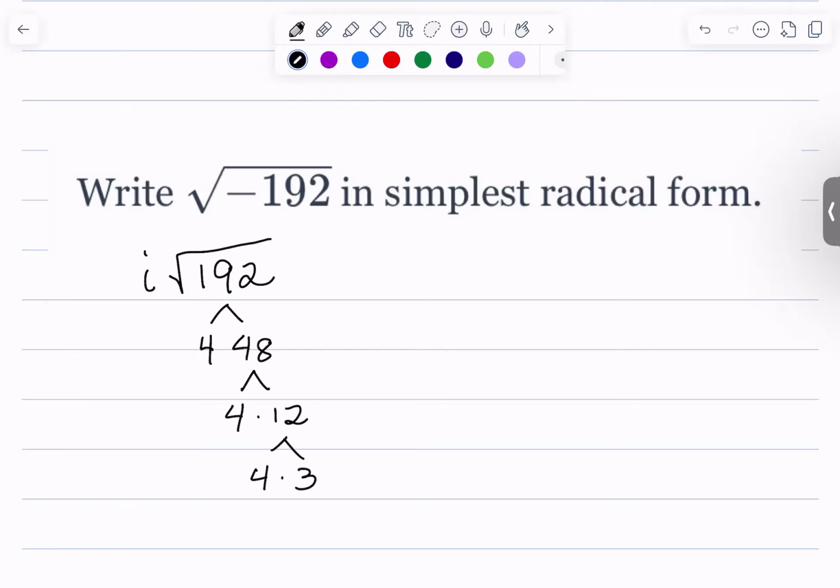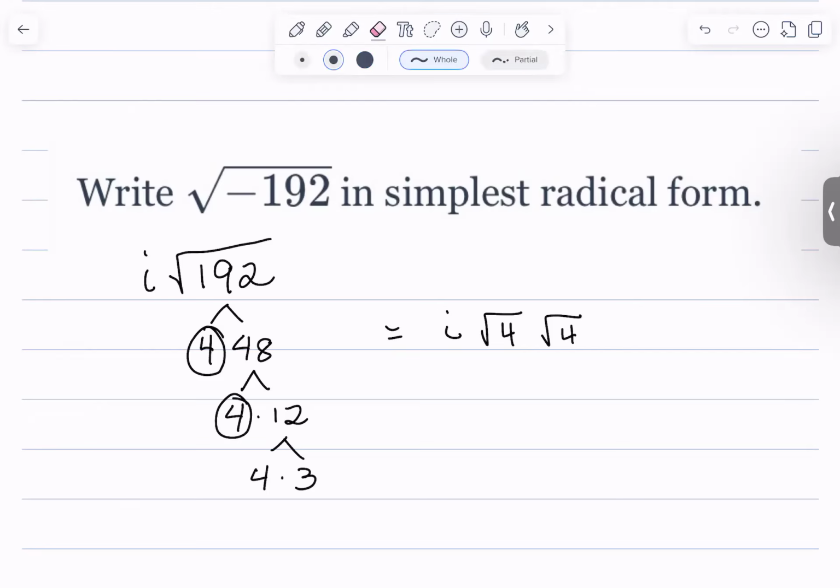Okay? So we have here i times the square root of 4, this one, times the square root of 4, this one, times the square root of 4, this one, and then times the square root of 3, which is this one here, right?